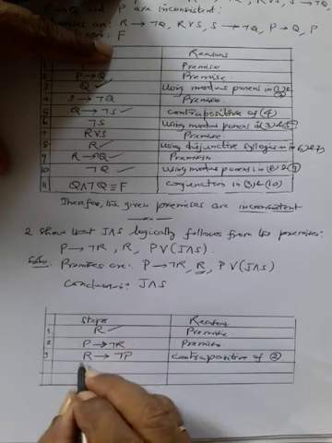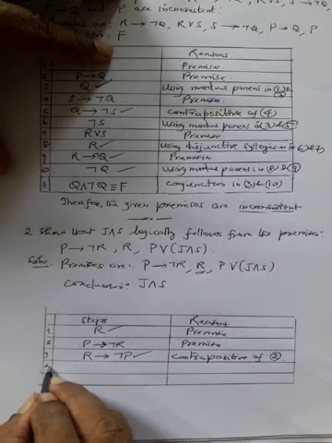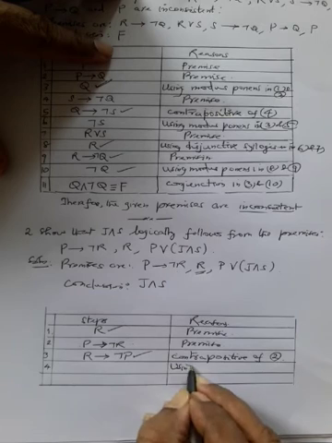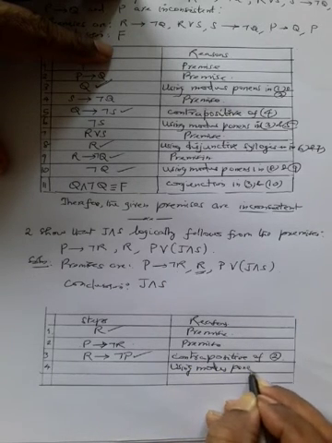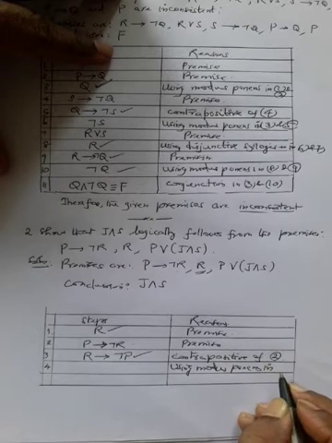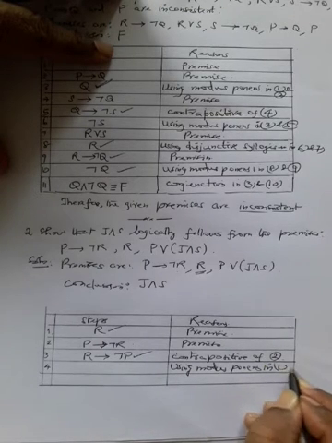Now we have R, and R implies negation P. So you can apply modus ponens in 1 and 3.